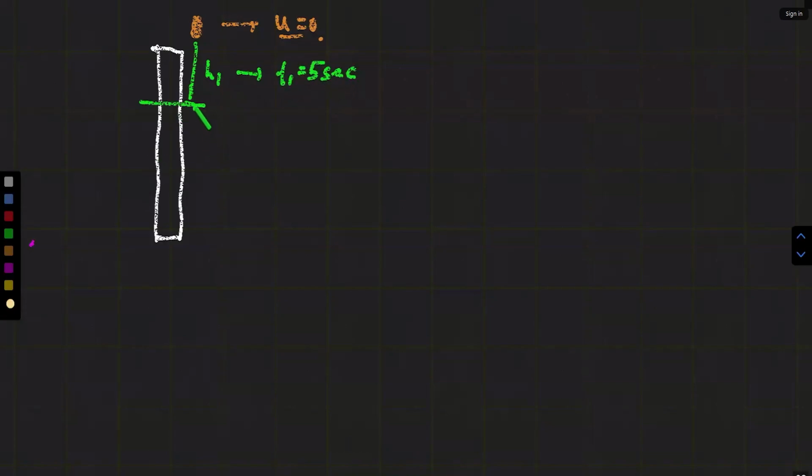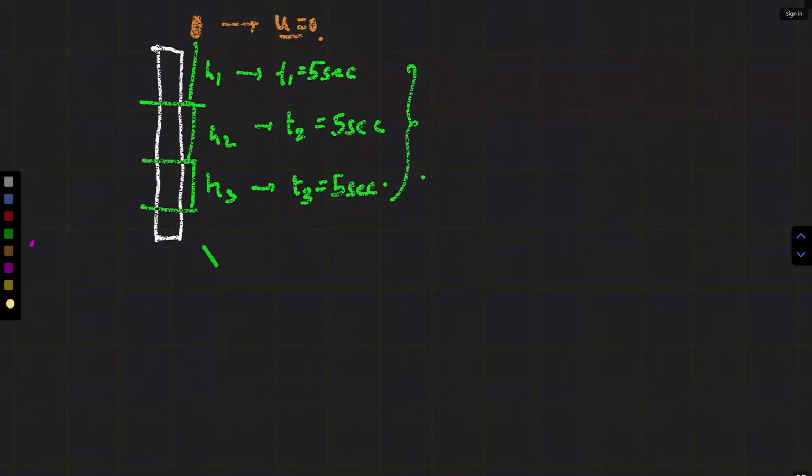Then it covers a height of h2, then h3. This is h2, this is h3. t2 is equals to 5 seconds. t3 is equals to 5 seconds. All right, fine. Now what they have told is, okay, so what is the question demanding?